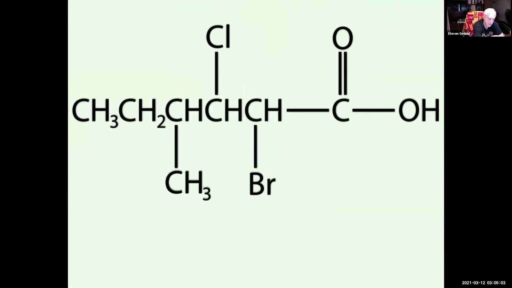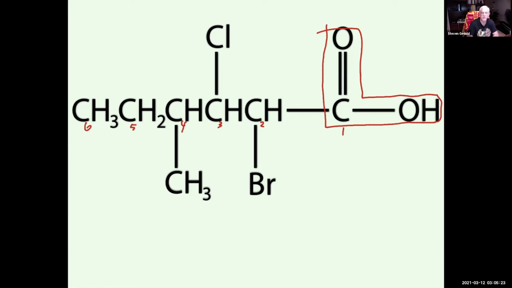I think this is the last example, then we'll start doing the other way around. All right, so we're looking at this. We have a carboxylic acid, and we have 1, 2, 3, 4, 5, 6 carbons.